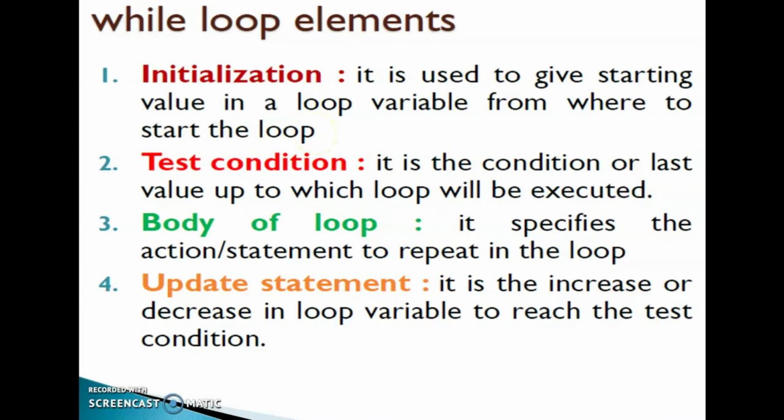Test condition is the condition or last value up to which the loop will be executed. Third one, body of the loop. It specifies the action or statement to repeat in the loop. Fourth one, update statement. It is the increase or decrease in the loop variable to reach the test condition.